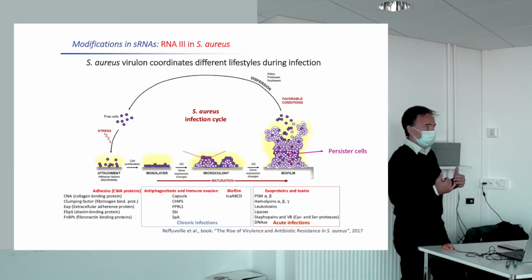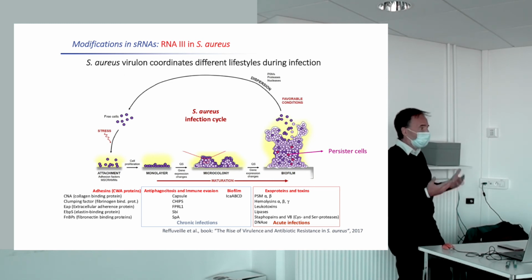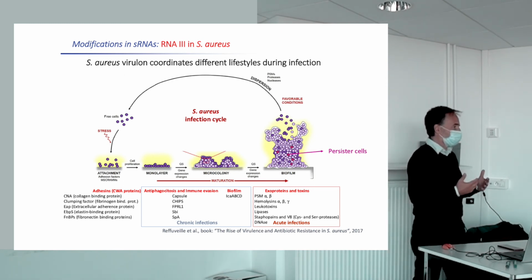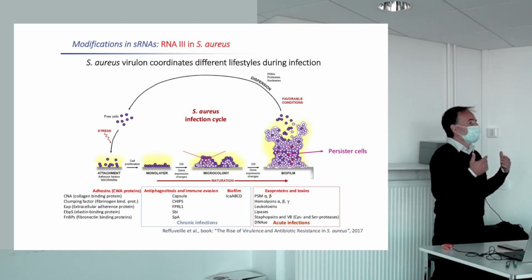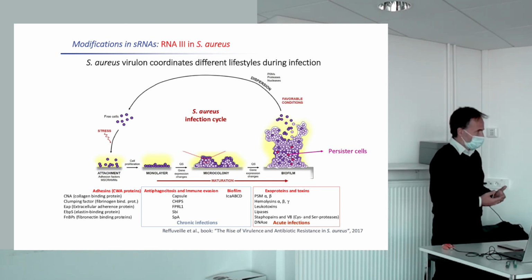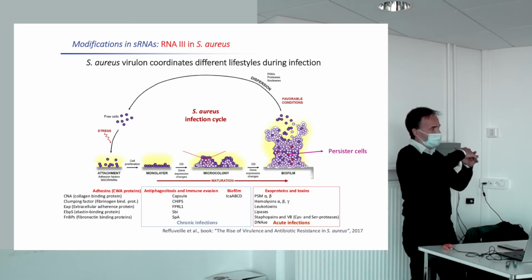And once in the blood, you need to produce a lot of virulence factors to protect the bacteria from the cells of the immune system. Because before they were protected by the biofilm.